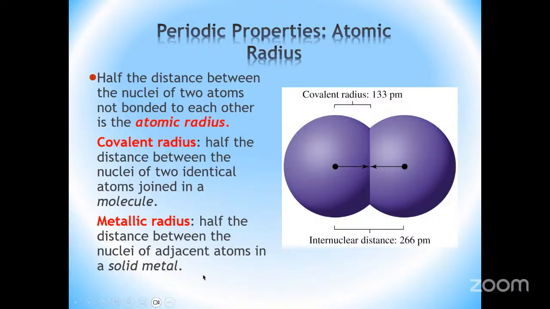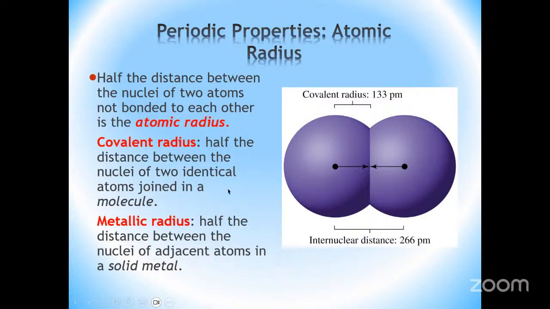So in this case, I'm not sure which particular element this represents, but whatever element it represents, basically the atomic radius would be 133 picometers, because the distance between the two nuclei is 266 picometers, right? So divide that by 2, and that gives you the atomic radius, right?